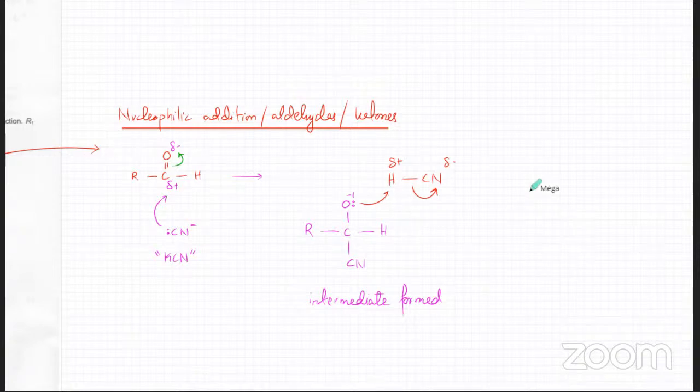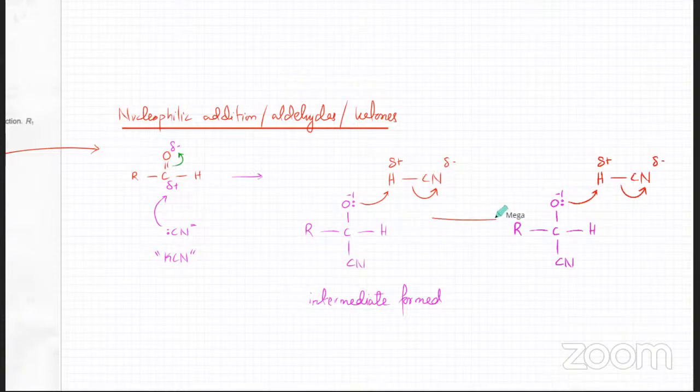So I'm just going to copy paste this. So at the end of the day, you get this molecule that, the CN negative ion is reproduced, and the H over here, which you can see over here, is going to get attracted to the oxygen.